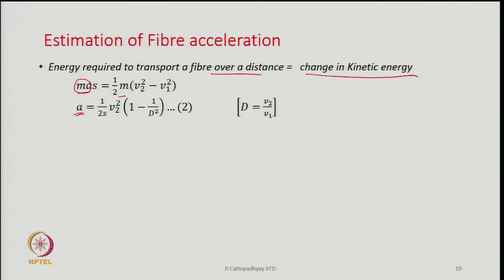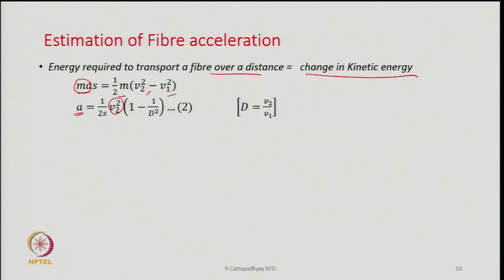So, A becomes 1 upon 2S into (V2 square minus V1 square). I divide both terms by V2 square, and therefore it becomes 1 minus 1 upon D square. That is, I am dividing V2 square by V2 square and V1 square by V2 square, and because I am dividing, I am bringing V2 square into the numerator.